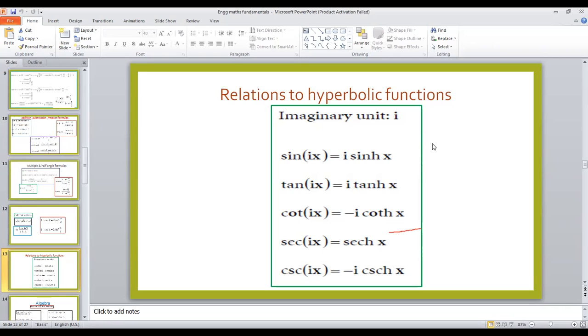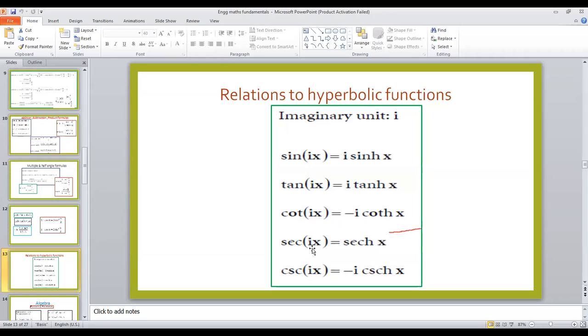Multiply and divide by the complex conjugate. And which is the complex conjugate? Multiply and divide both by minus i, giving minus i upon minus i square. What is i square? I square is minus 1 and minus becomes plus.